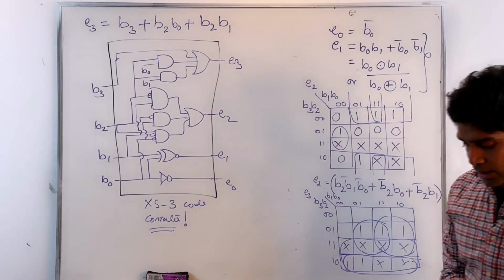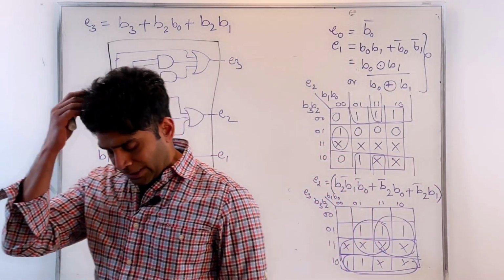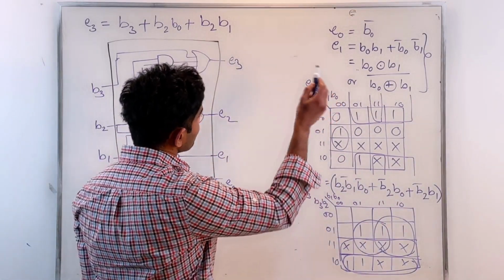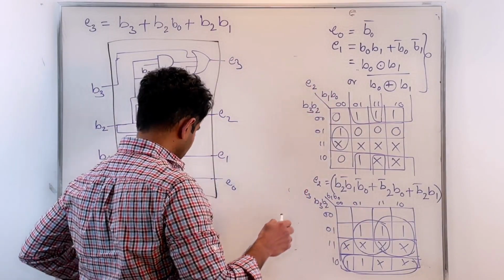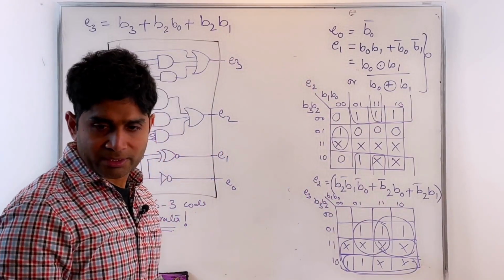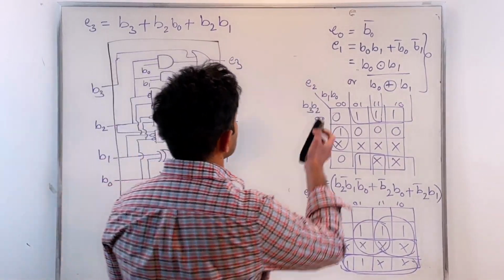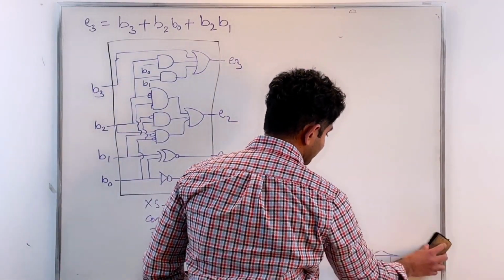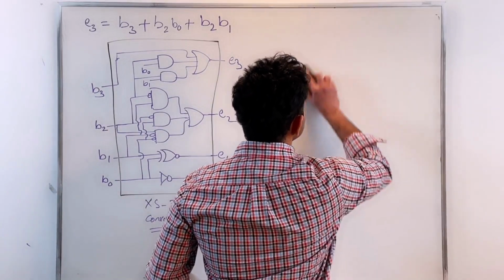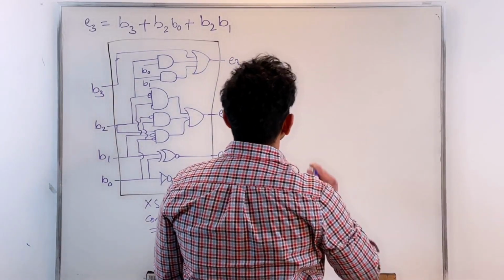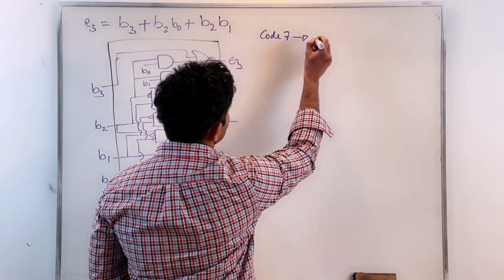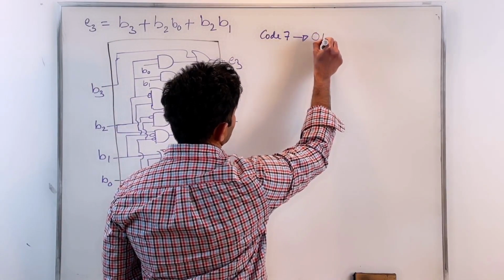Okay, now let's take the example of 7. We don't need this anymore, we can take that out. Just to give you an idea about how this XS3 code works, let's take the code 7. Now 7 is written as 0111.